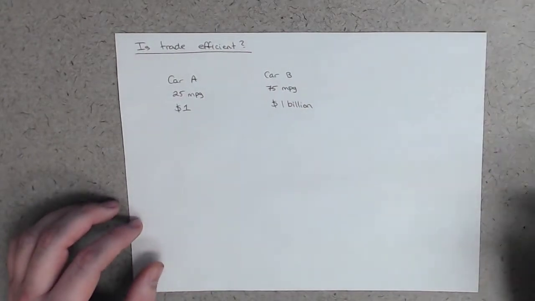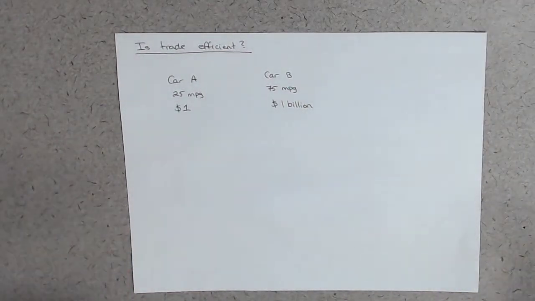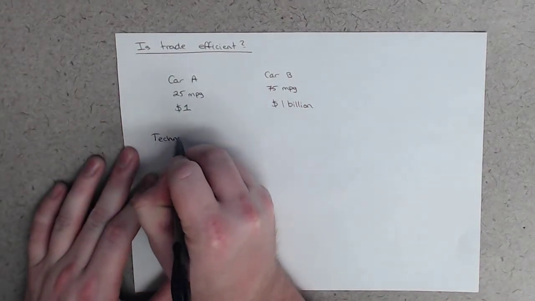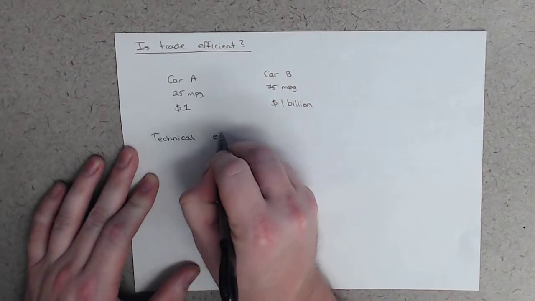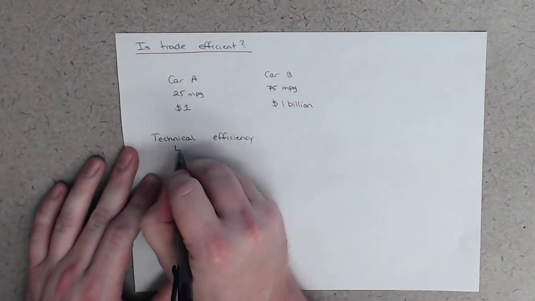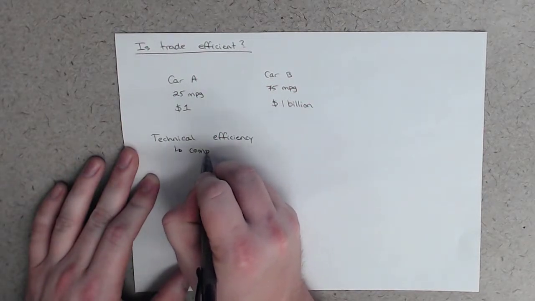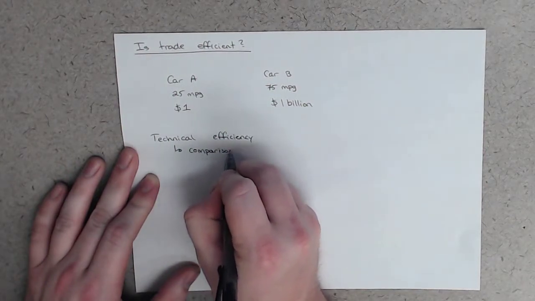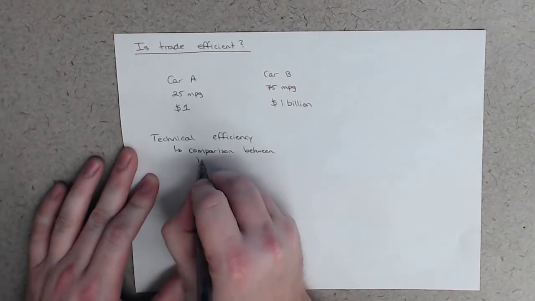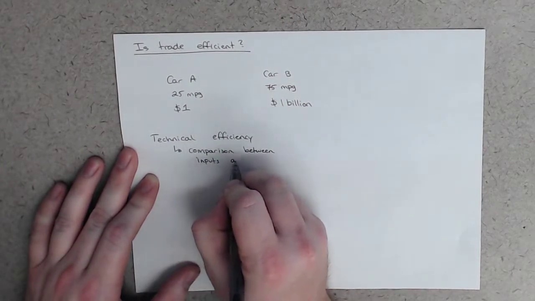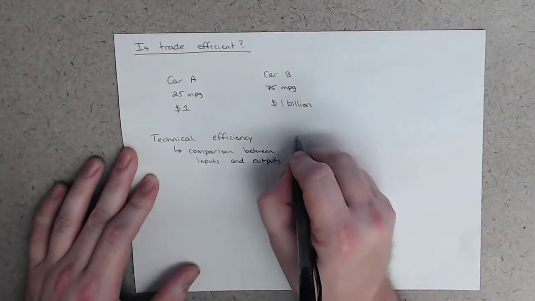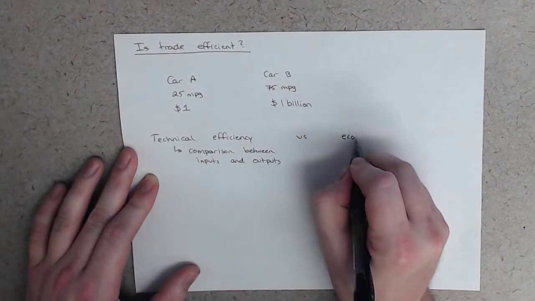And so what this is getting at is a difference between what economists call technical efficiency, which is a comparison between inputs and outputs, and economic efficiency.